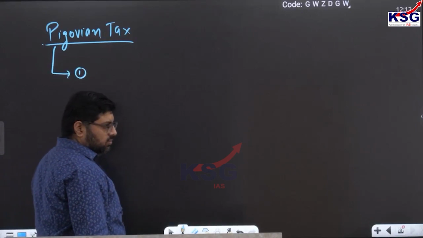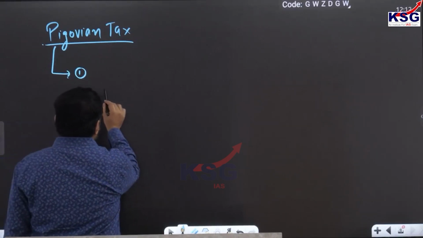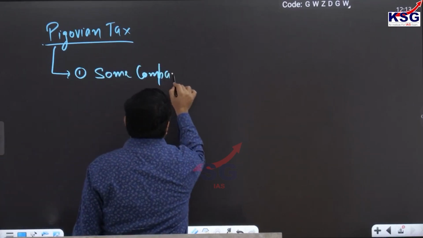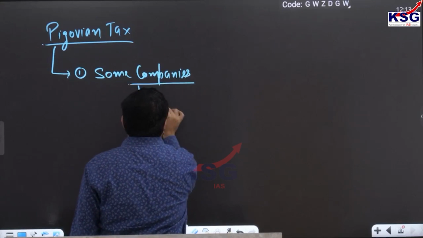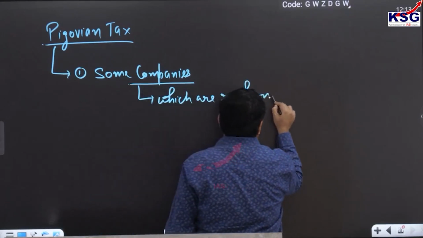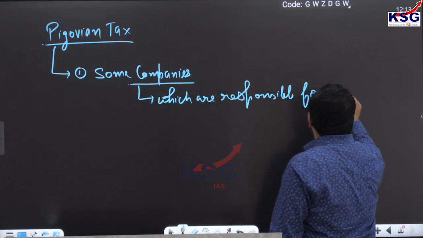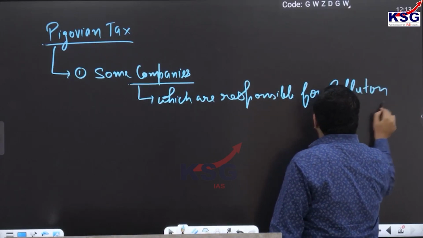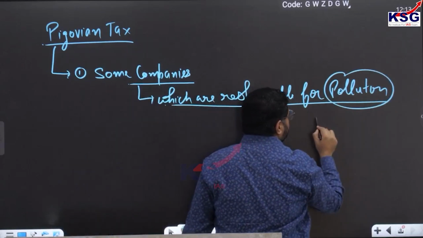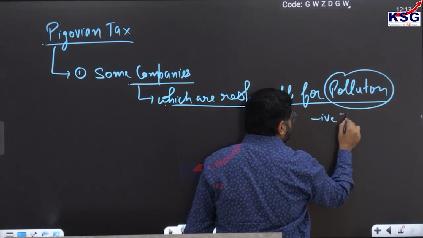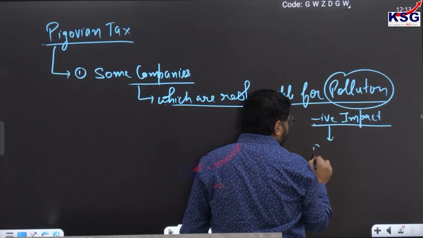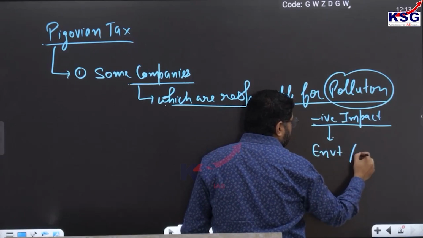In Pigouvian tax there are some companies which are responsible for pollution, or you can say for negative impact, so ultimately negative impact on both environment and health.